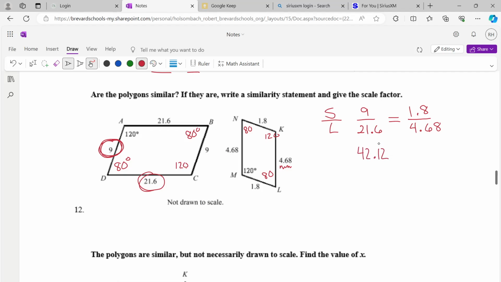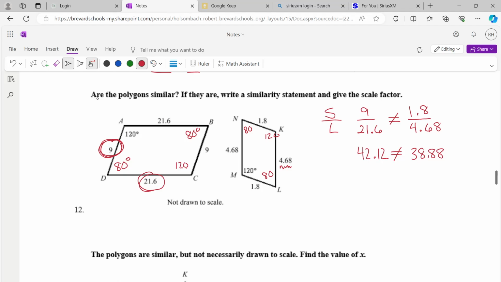And we're going to see if it's equal to 21.6 times 1.8. And that's 38.88. These aren't equal. If the crisscross products are not equal, then the shapes are not similar.